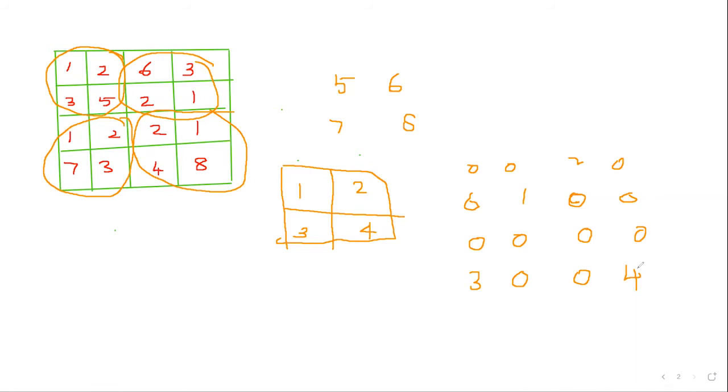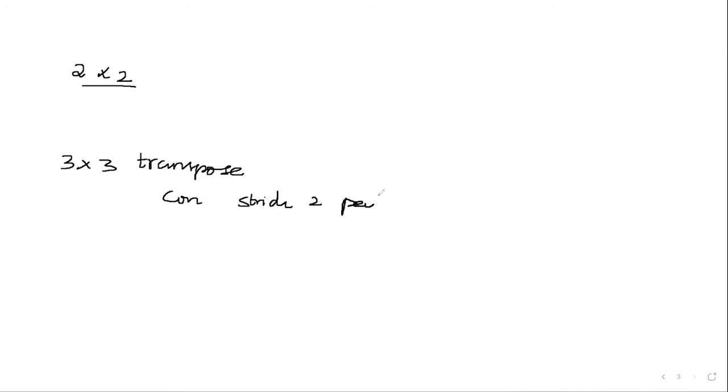So what they do is they take a 2 cross 2 input, and then they use a 3 cross 3 transpose convolution with a stride 2 and pad 1.